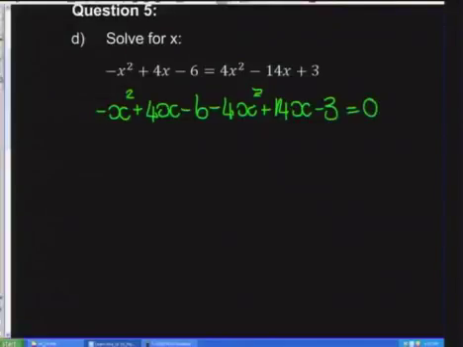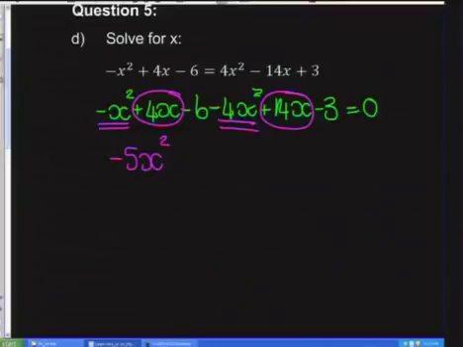Everything has now been moved to the left-hand side. Now we are going to gather like terms again. So I've got negative x squared minus 4x squared, which gives us negative 5x squared. I'm going to have a 4x and a 14x, which gives us 18x. And negative 3 minus 6 is minus 9, which is equal to 0.